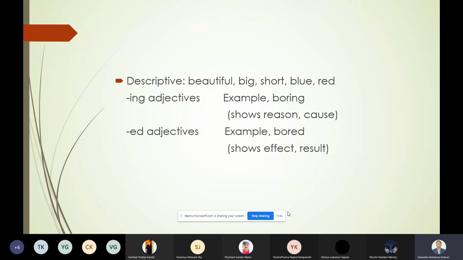Beautiful. Okay, Sneha is a beautiful girl. This is one adjective that we have used in this sentence. Then another is the word big. Okay, Ramesh has a very big belly.